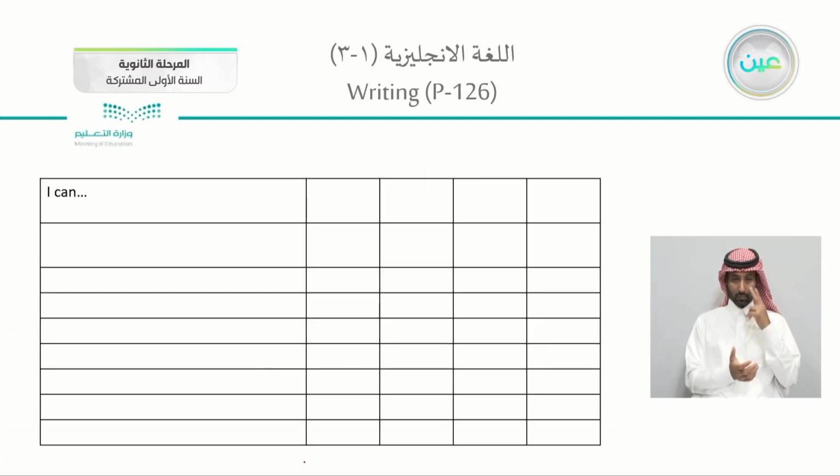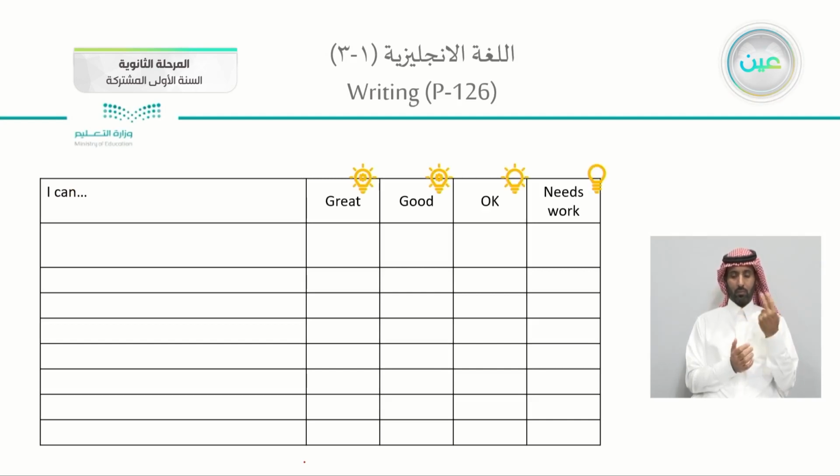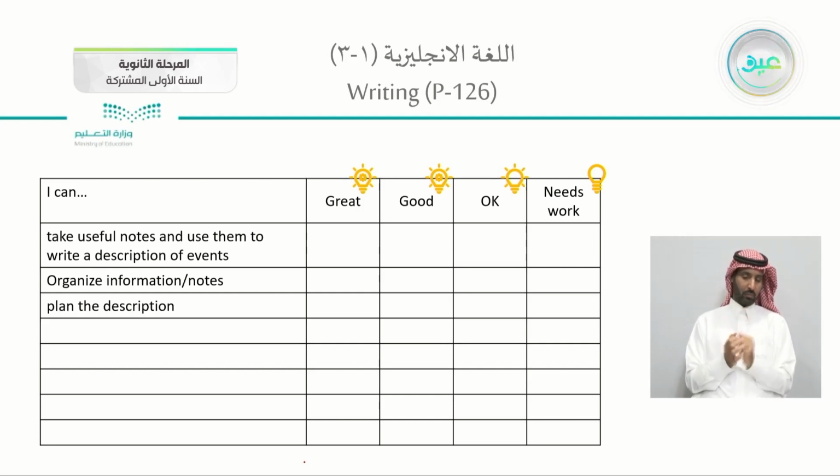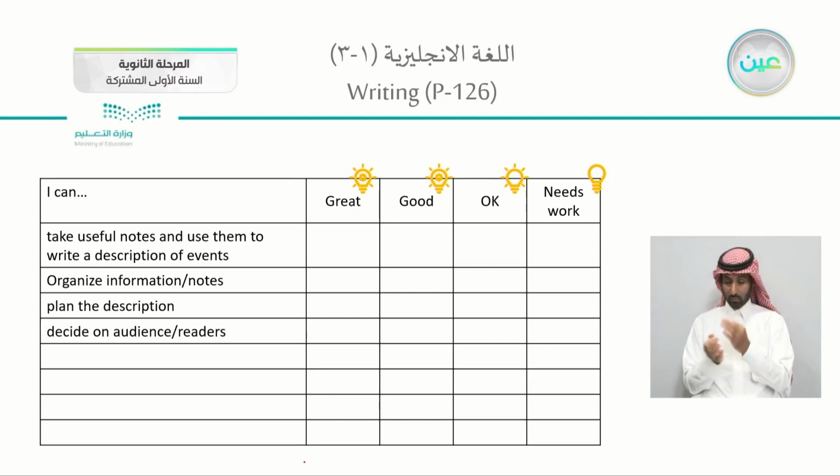And the questions. In your book's page 126, you can refer to this one, which is for self-reflection. Ask yourself, can I take notes and use the notes to write a description of an event? Then, can I organize my notes or information? How can I plan my description? Can I decide on the audience and come up with interesting information?